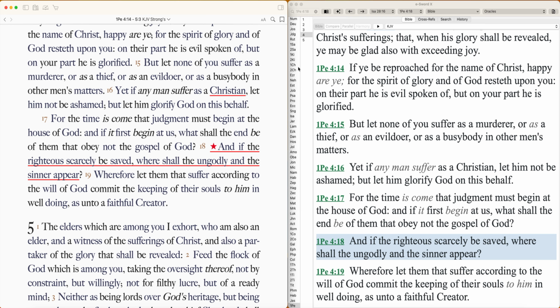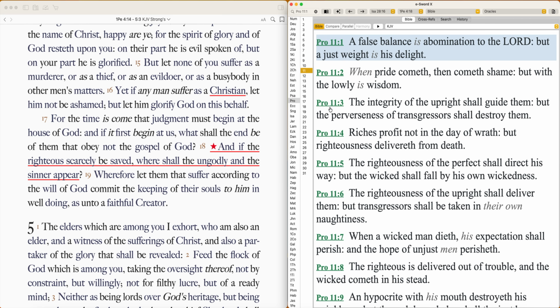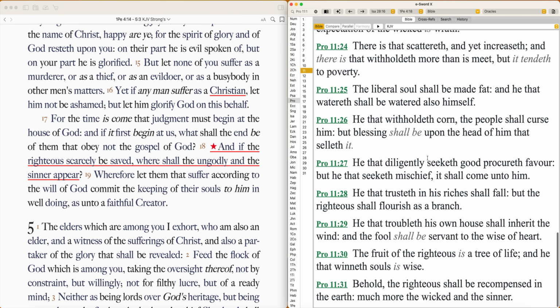So let me go to Proverbs chapter 11, verse 31, the very last verse: "Behold, the righteous shall be recompensed in the earth, much more the wicked and the sinner." It sounds similar, but you'd think, maybe kind of.